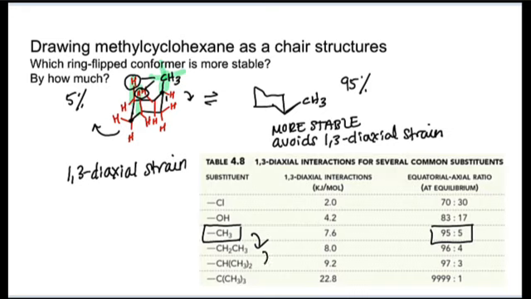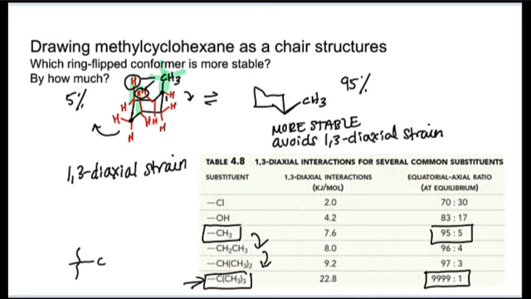And so as you can imagine, as we get into more bulky and larger substituents, we're going to see a more dramatic effect, and eventually we're going to see for very, very large R groups that the molecule spends almost all of its time with the R group in the equatorial position rather than the axial position.